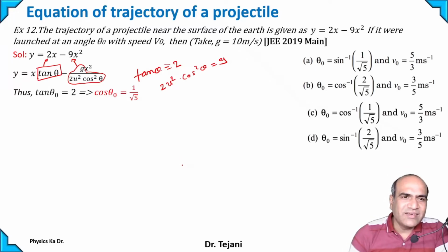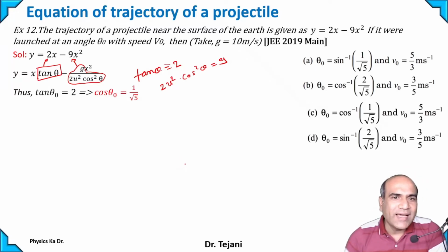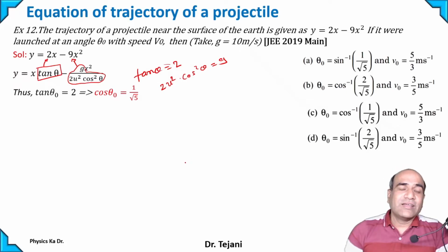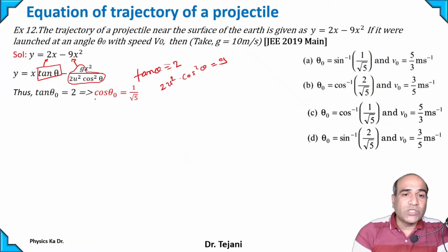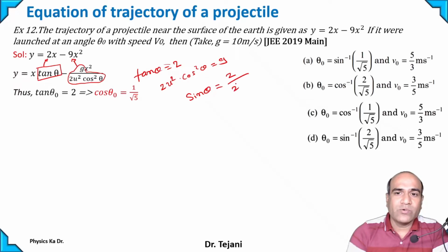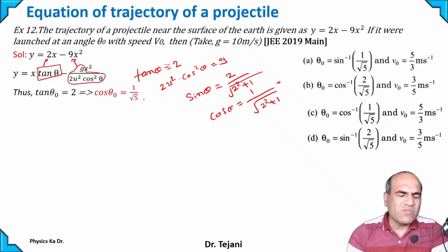So tan theta 0 is now equal to 2. If you really want cos theta, we know that sine theta is 2 divided by the root of 2 square plus 1 square, and cos theta is equal to 1 divided by root of 2 square plus 1, which is 1 by root 5.